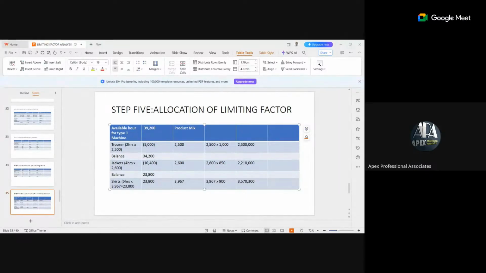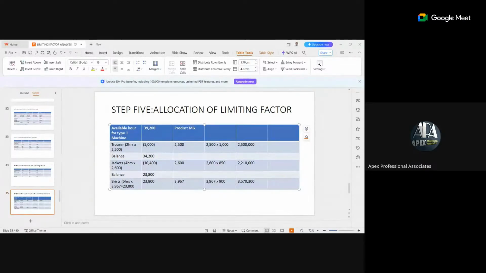I just want to ask how we arrive at that 3,967 for the skirt. 23,800 divided by 6. The balance is 23,800.